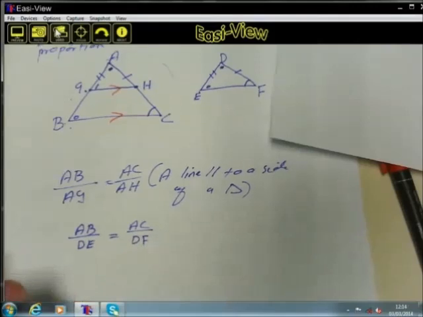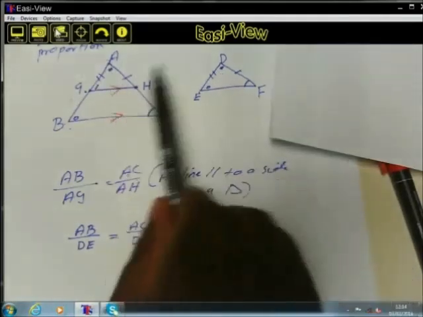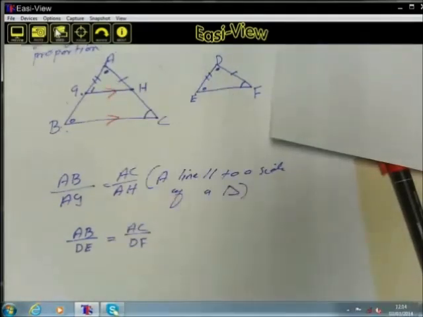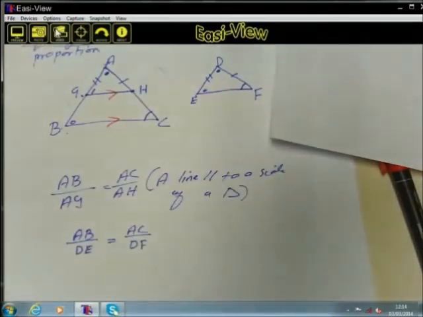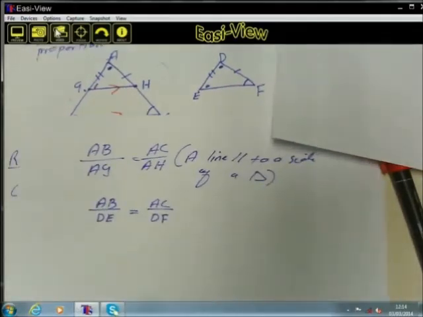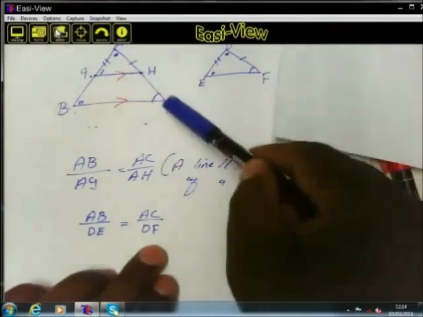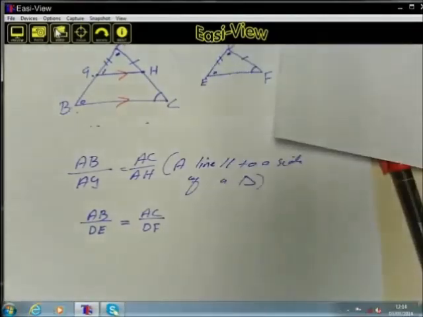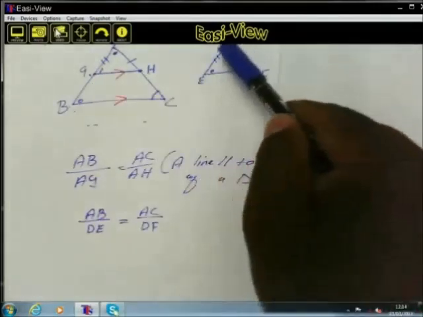And that is the theorem that we wanted to prove, that the corresponding sides of the two triangles are proportional. If two triangles are equiangular, then their corresponding sides are proportional. We have just proven that AB over DE is equal to AC over DF. The order is important. We are taking sides from two different triangles, triangle ABC and triangle DEF.